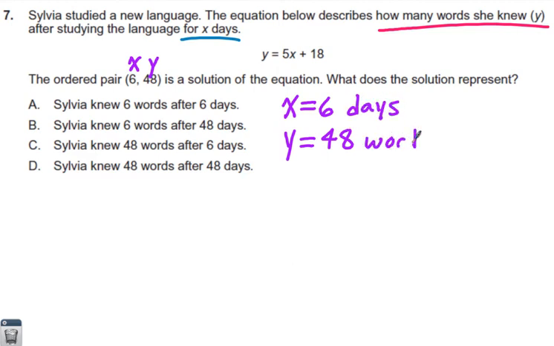So 48 words. And I think they're just looking for this answer that literally says that. So that would be C. I mean, come on. An ordered pair solution is literally an X value and a Y value. So that means 6 days, 48 words. Just please always notice what the variables represent.